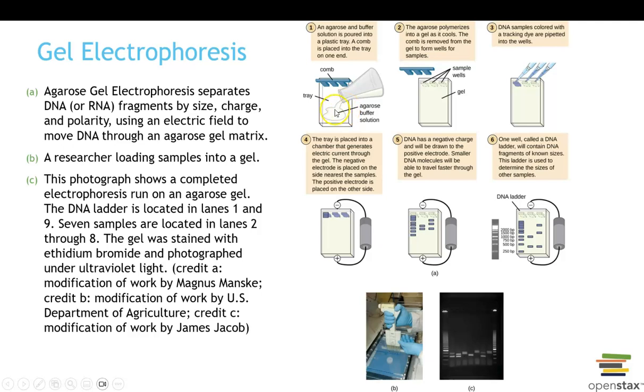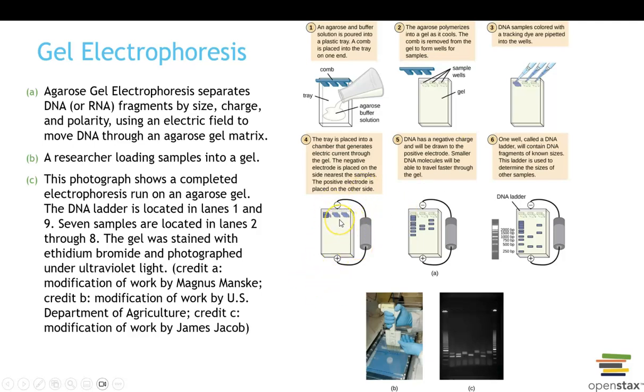They mix the agarose with the buffer, heat it, and pour it on a tray. Then it solidifies, and there are some holes in this gel, so you can load your DNA sample.